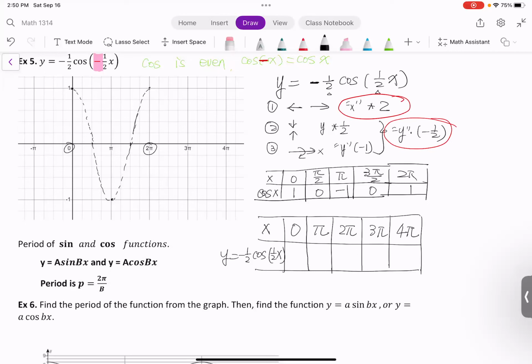Now let's see what the y values are. All the y values times negative 1/2: negative 1/2, 0, positive 1/2, 0, and negative 1/2.